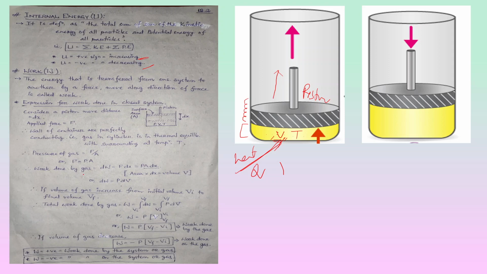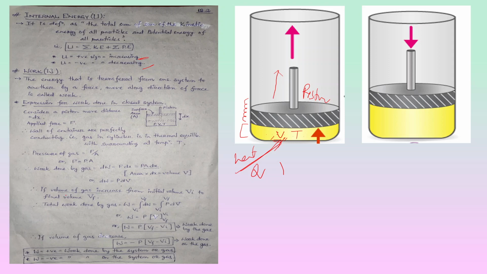Now we write this work done by the gas, the small work done, and work done is F into dx, the distance, and F is equal to PA, then PA dx, and we know area into this dx distance becomes volume, then dW is P dV.